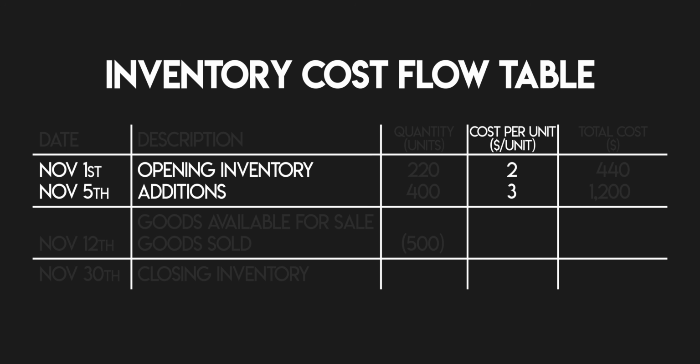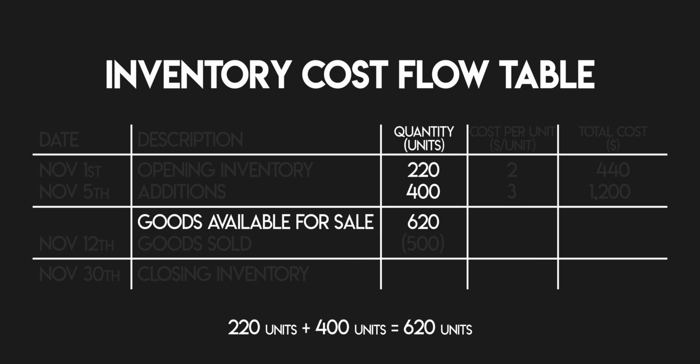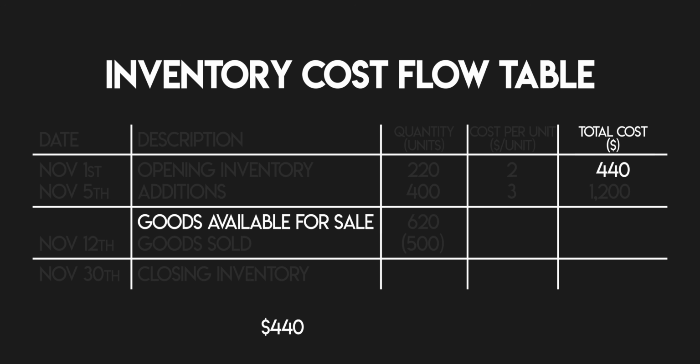Now, we'll take some subtotals to work out your goods available for sale. 220 units plus 400 units is 620 units available for sale, and $440 plus $1,200 is $1,640, your total cost of goods available for sale.